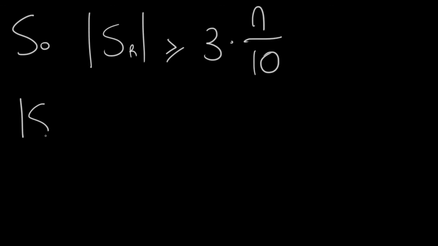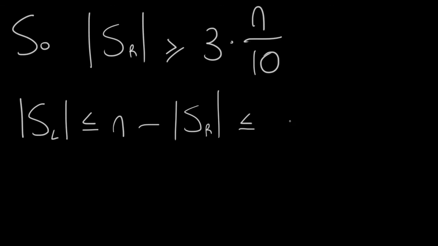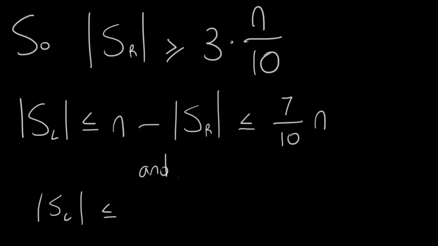So by combining these, the size of the left-hand one is going to be less than or equal to n subtracted by the right-hand one, which is going to be less than or equal to 7 over 10, and the values that we are leaving out. And then obviously we can also say SL is less than or equal to n minus SR.